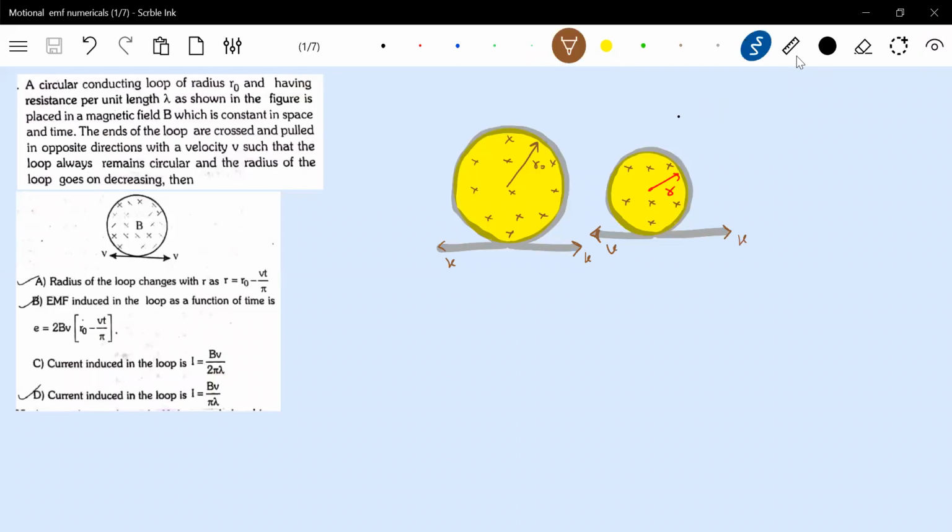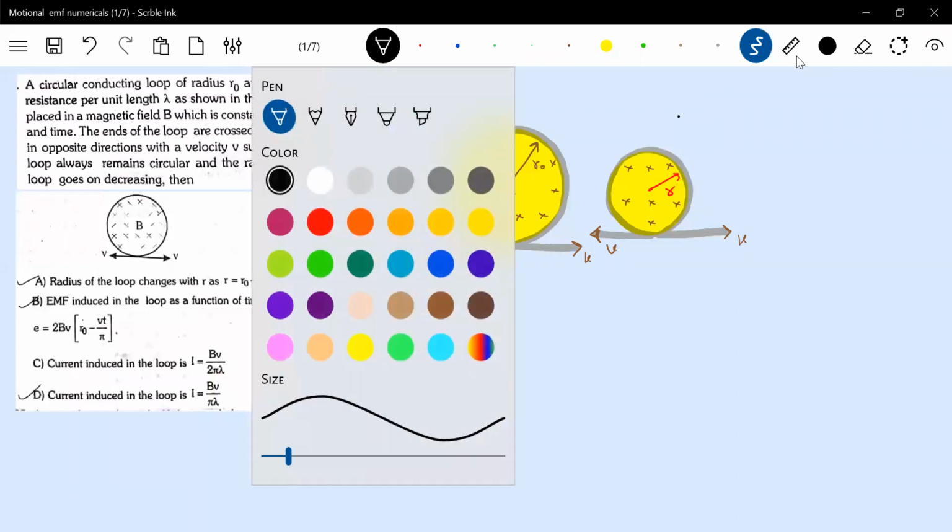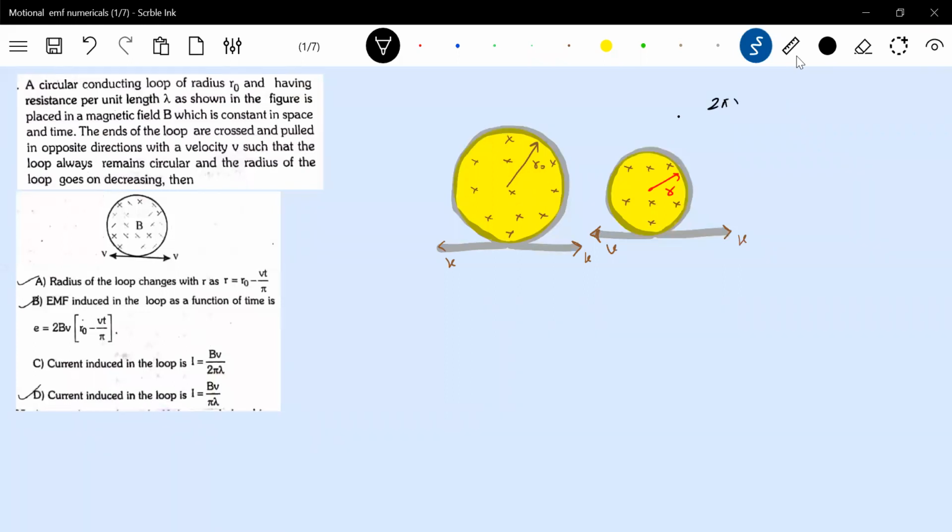I'll stick to basics rather than something with mathematics. Now let's do it. Initial perimeter is 2 pi r naught. Final is 2 pi r minus 2vt. So we have to get an expression for r as a function of this.